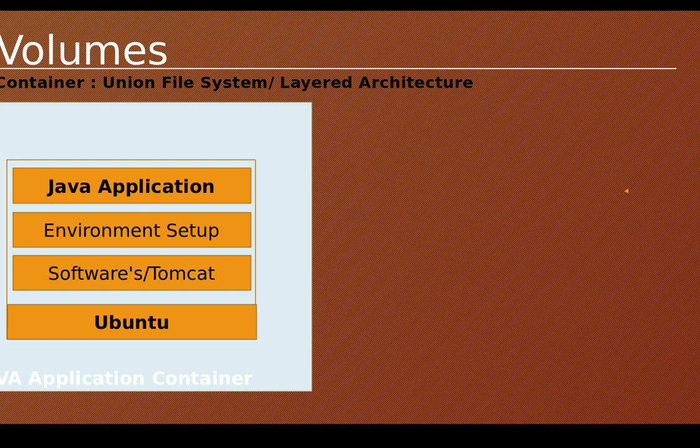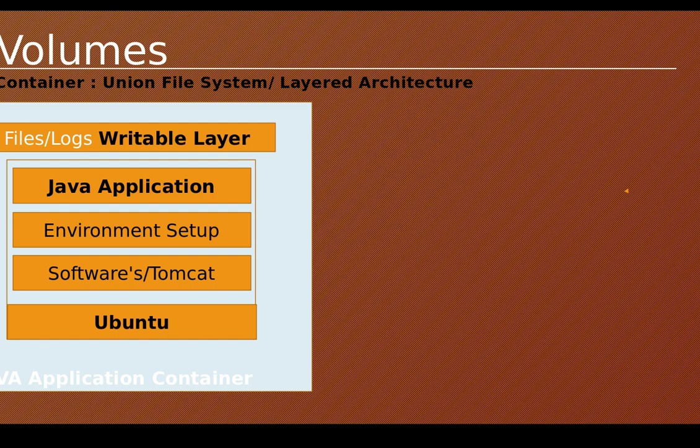So everything is a layered architecture, and the final layer is the writable layer for the container. When the container is running, it has that writable layer, and the Java application or container works with it.